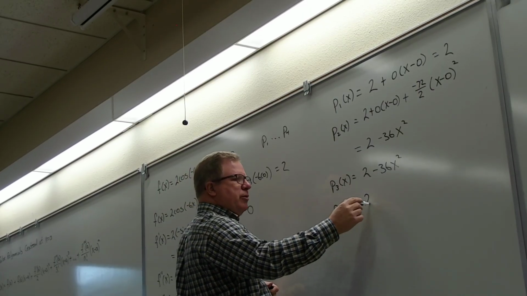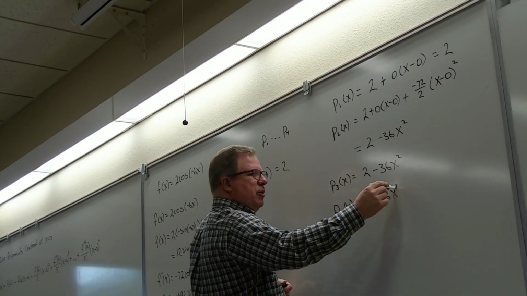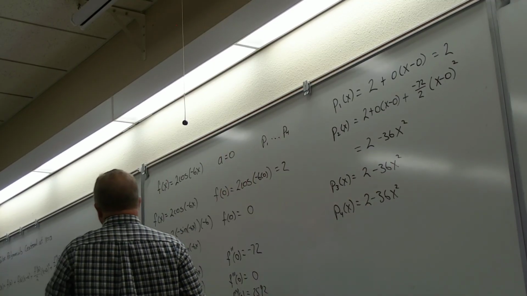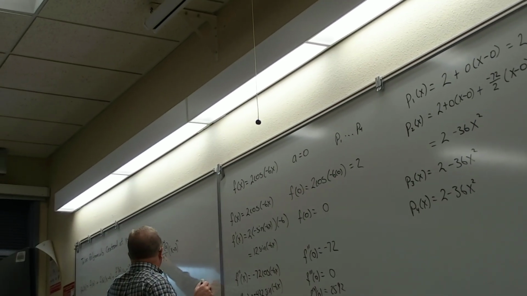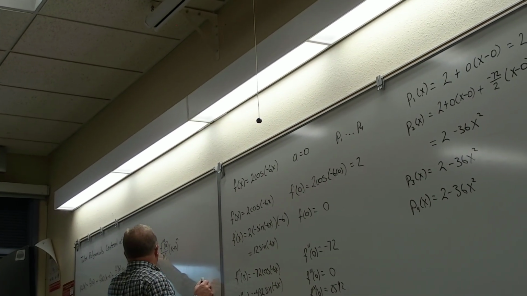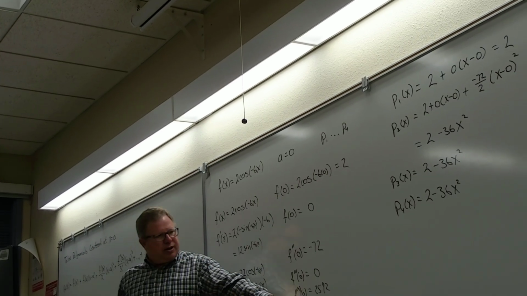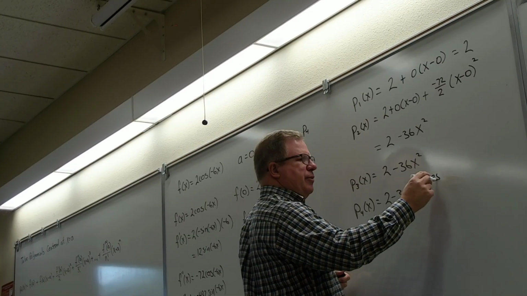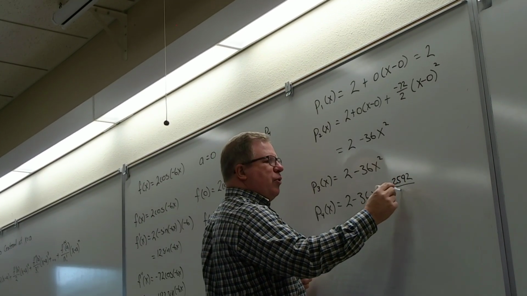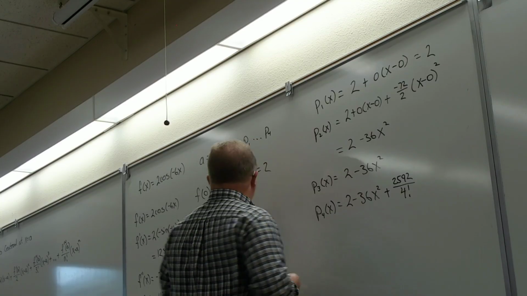Now our fourth degree. Well, we take the cubic and we add the fourth degree term. So the next term in here will be the fourth derivative evaluated at a, which is right here, 2592, over 4 factorial.